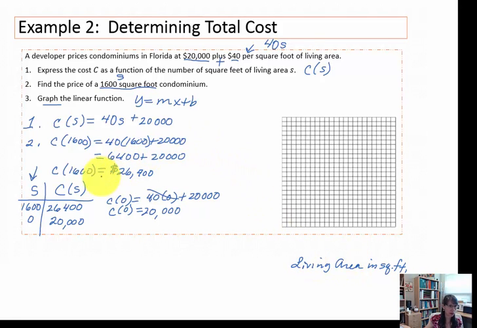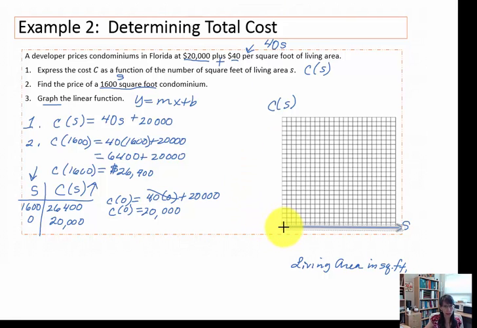And then our other variable, output, is C of S. That's cost in dollars. So if you're paying for the condominium, you're not going to be allowed to pay negative dollars. So we only need positive values for C of S. So that tells us that we just need the edges of this grid or the positive values only.